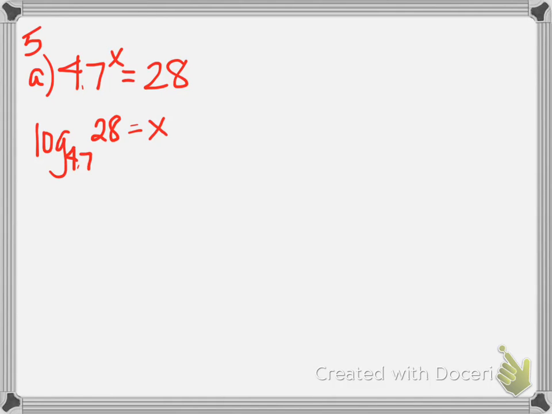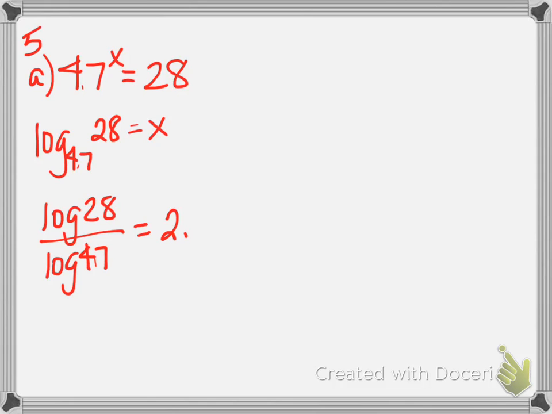I have to use change of base because I can't put anything else in besides base 10. So this would be log of 28 divided by log 4.7, and that gives me 2.153. The problem asks us to round to the nearest thousandth, so I have to go out to 3 decimal places.